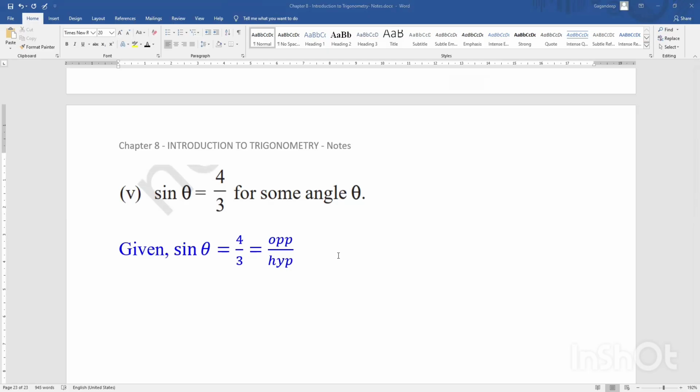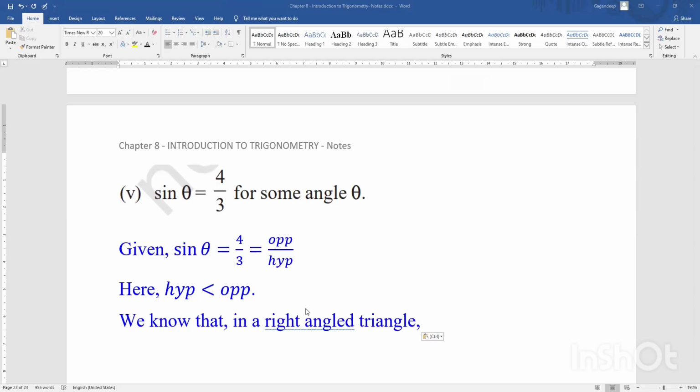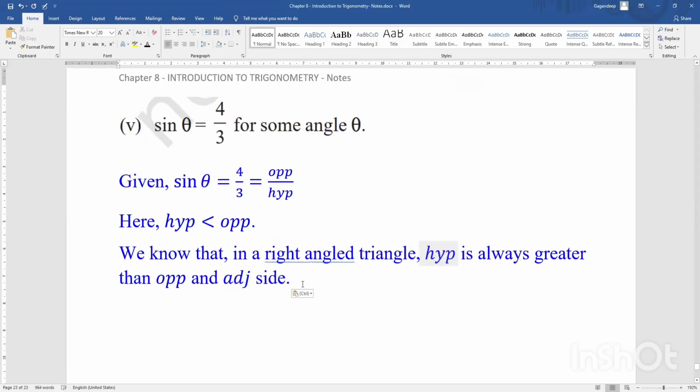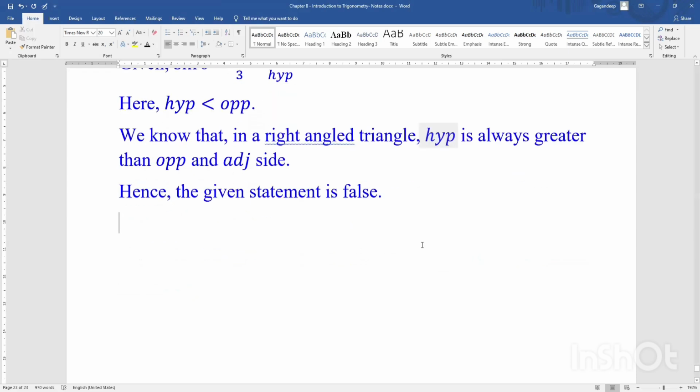Here, the hypotenuse is less than the opposite side. So we should note that we know that in a right angle triangle, the hypotenuse is always greater than the opposite and adjacent sides. Hence, the given statement is false.